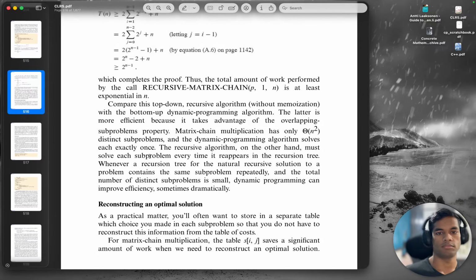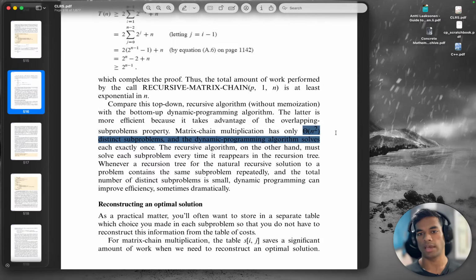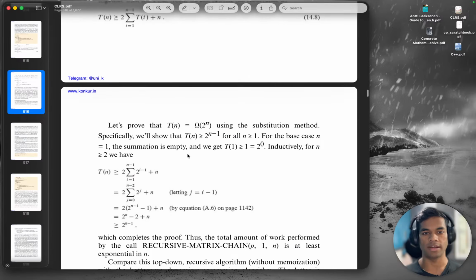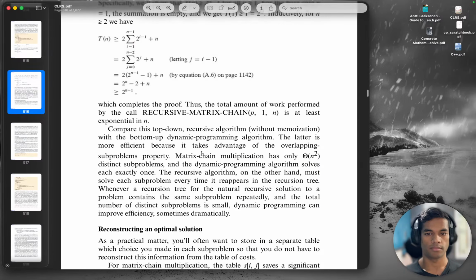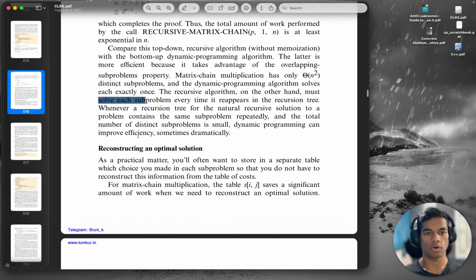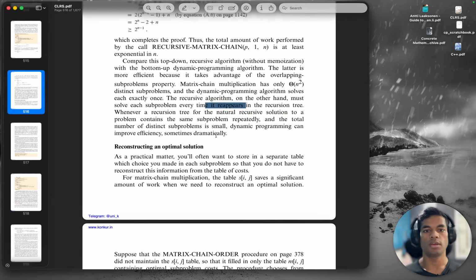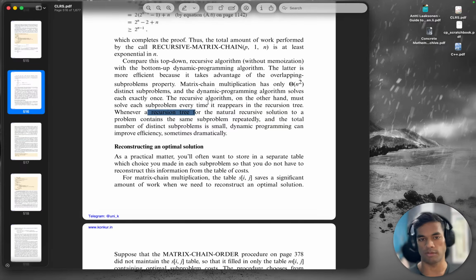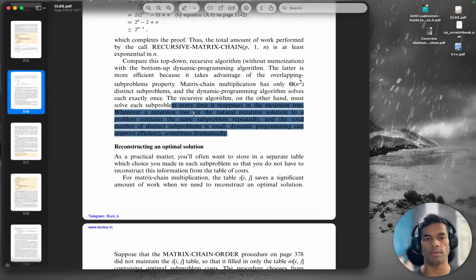Distinct is the main word there, because the total number of subproblems is n square, which is a lot better than 2 power n. The recursive algorithm, on the other hand, must solve each subproblem every time it appears, and that is bad because it does not take advantage of the fact that we can use memoization.